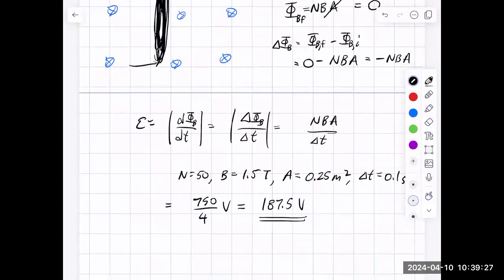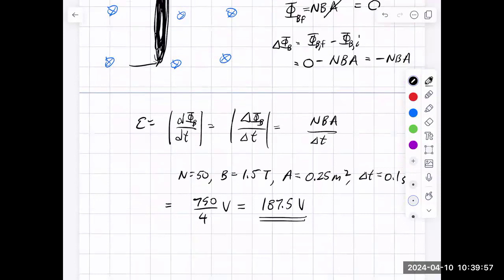What this example tells us is that one way to amplify the effect of Faraday's law is by having not just a single loop of wire, but many, many loops of wire. And so if you add more and more coils, each one has the same flux passing through it, so that if there's a change in the magnetic flux, then you get an induced voltage in every single loop, and those add up.